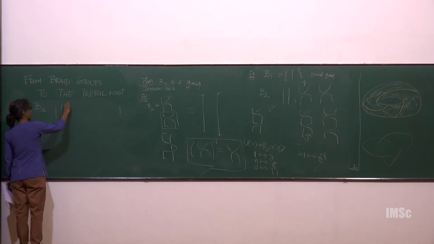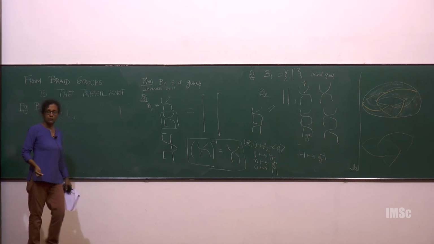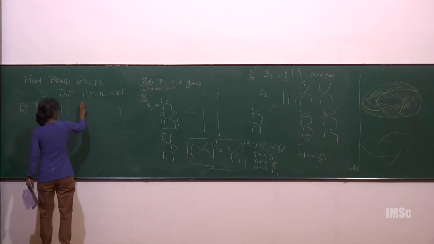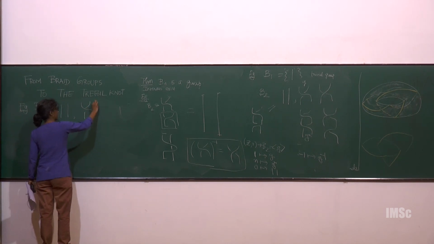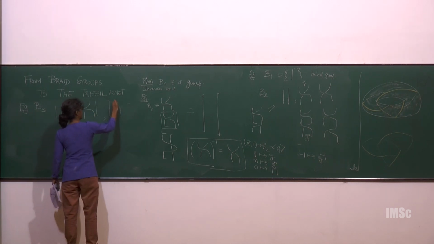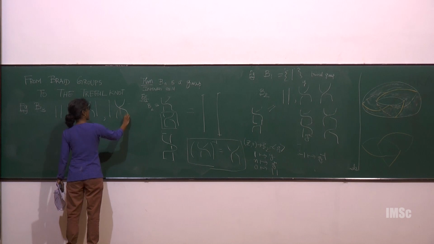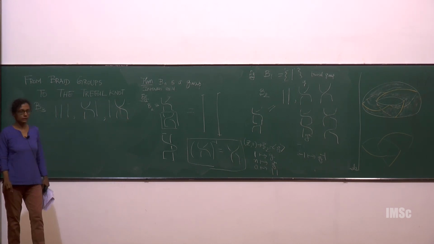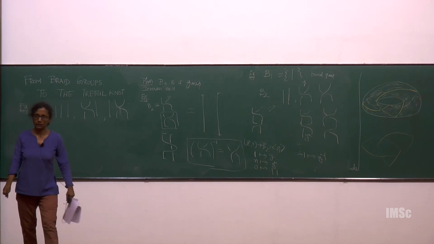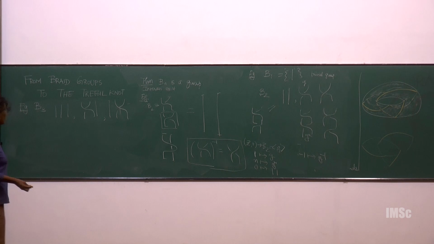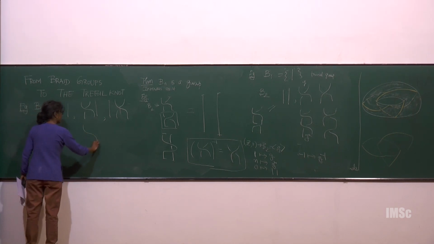Then one overcrossing, one parallel. Then, yes, the same kind of things we can keep on doing.